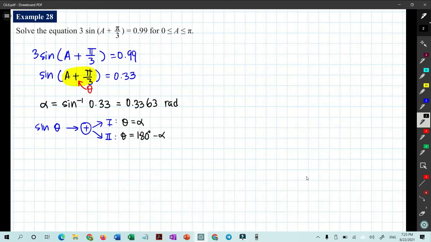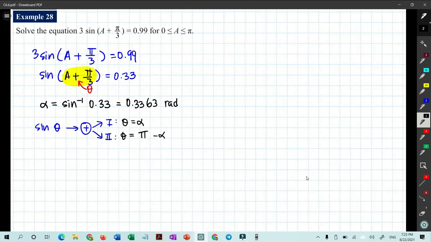But since the angles are in radian, we have to change this 180 degrees to pi. Earlier I already explained the value of theta in this case is a plus pi over 3. So we're going to apply theta and the value of alpha into these two formulas.